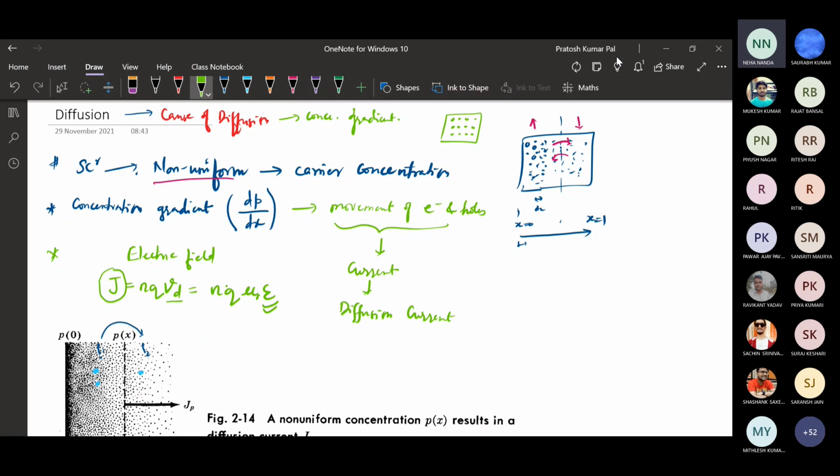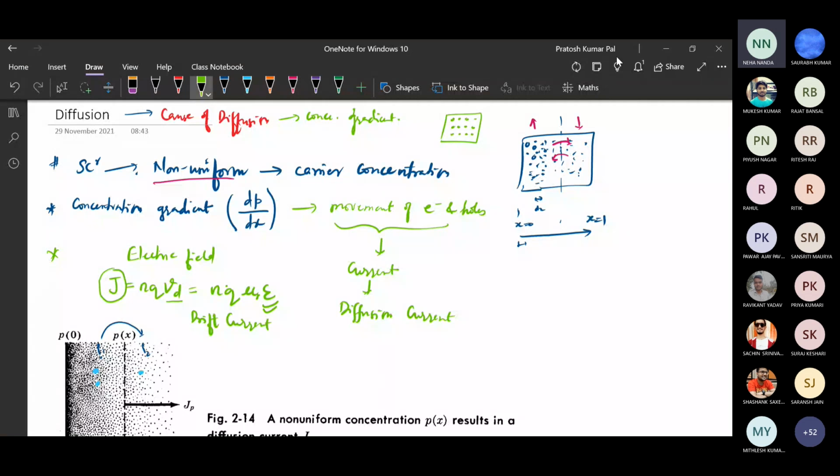This drift velocity makes the charge carriers move from one location to another, and that movement of charge carriers because of the electric field is called drifting. Because of that drifting, there is a current called drift current. So in the previous lectures, what we covered was the drift current.